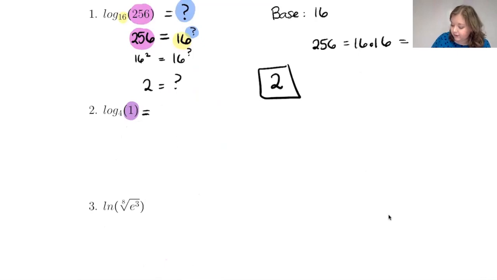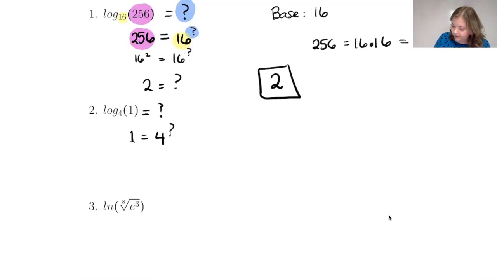But if you did want to work it out, then you would rearrange it to become an exponential. So it would become 1 equals 4 to the question mark. And you would say, well, 4 to the 0 equals 1.